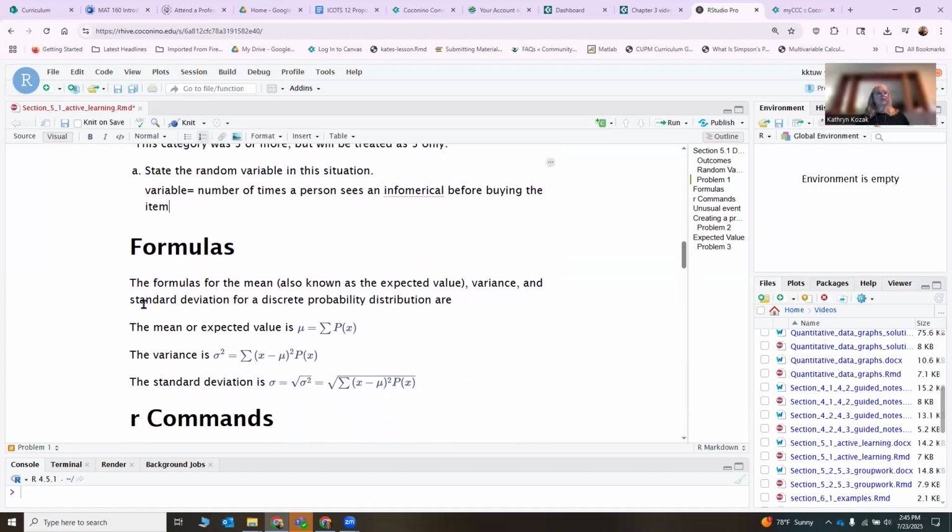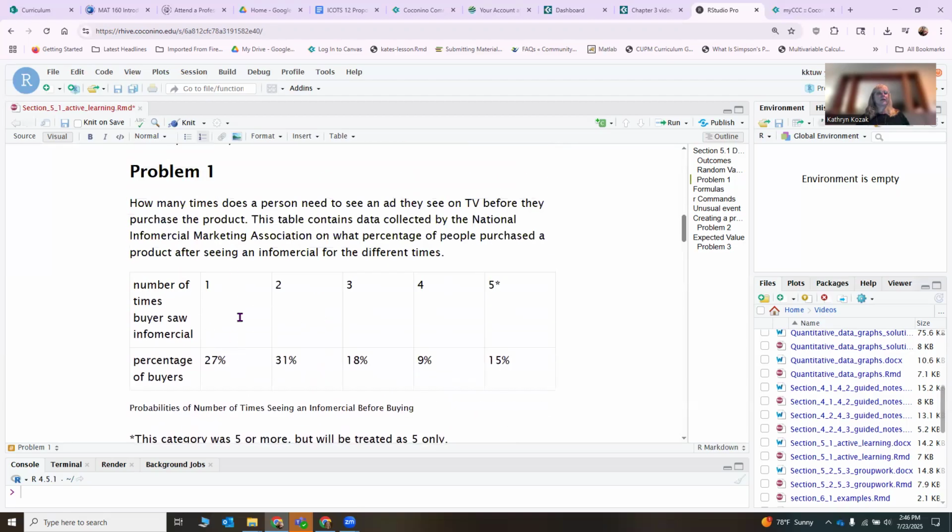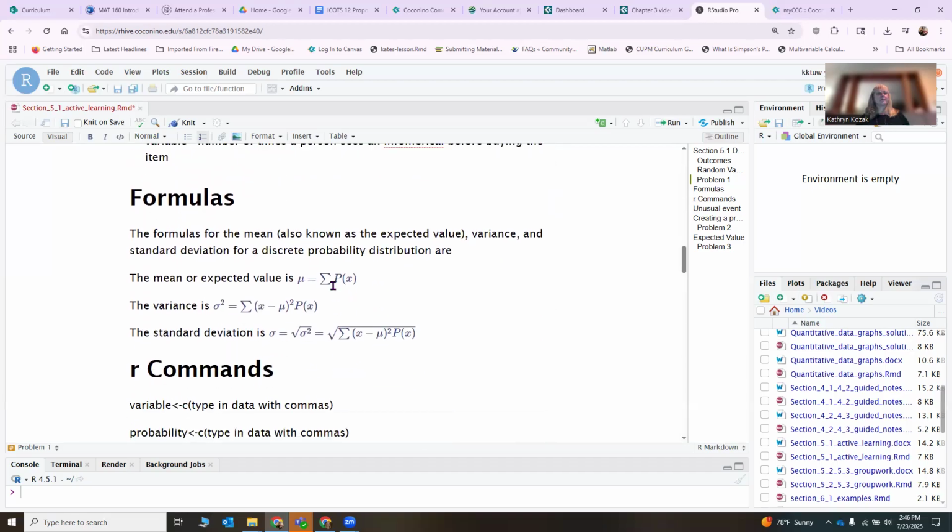I'm going to show you the formulas. We're not actually going to use them. We're going to use everything in R, but I wanted you to see what it is. What you do with these is you take and add up your probabilities times each of these. So you multiply these all together. I'm missing an X in there, sorry.